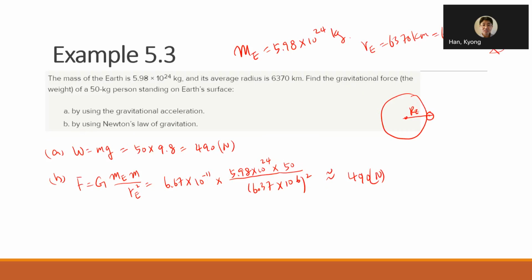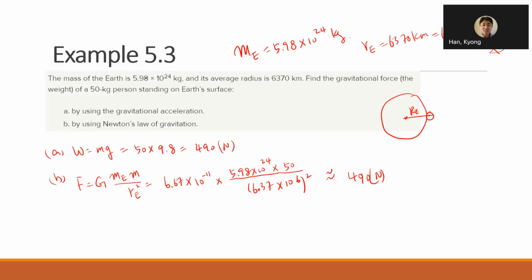We can calculate this. Let me check with my calculator. 6.67 times 5.98 times 50 divided by 6.37 squared.